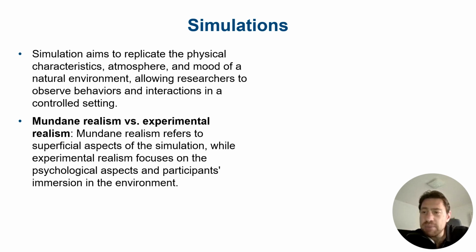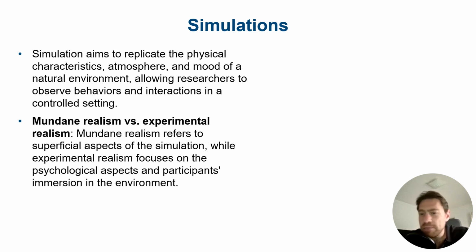Okay, so the other type of realism is called experimental realism. And this refers to the extent to which your participants in the study experience a psychological sense of immersion in this simulation that you've created.